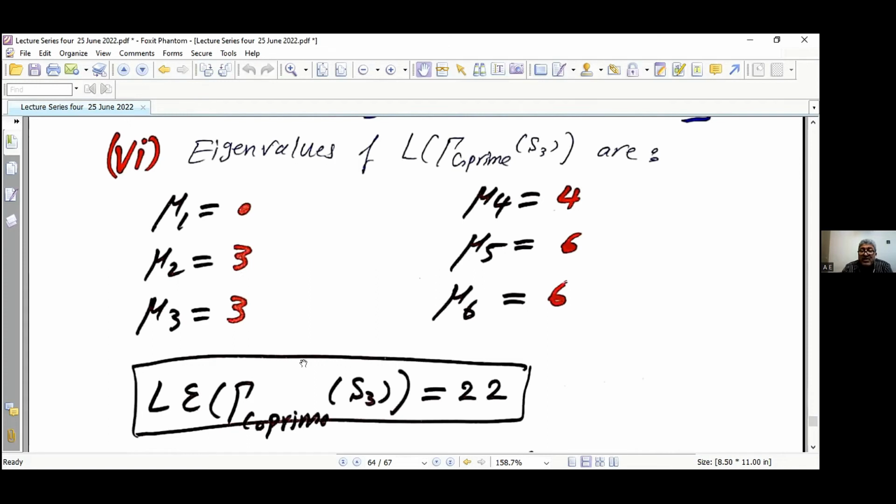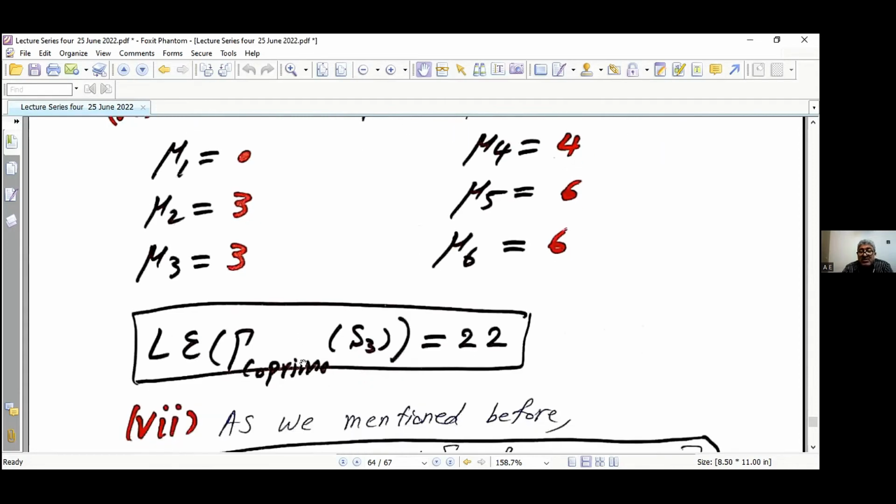So if we add the absolute values of these eigenvalues, the Laplacian energy is 22.